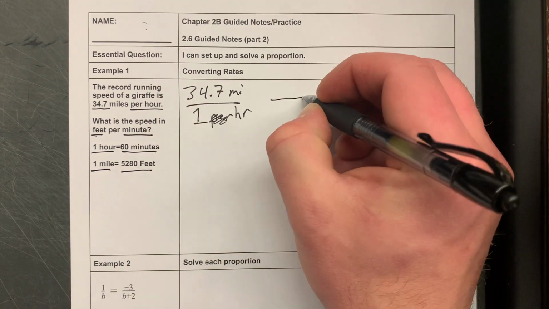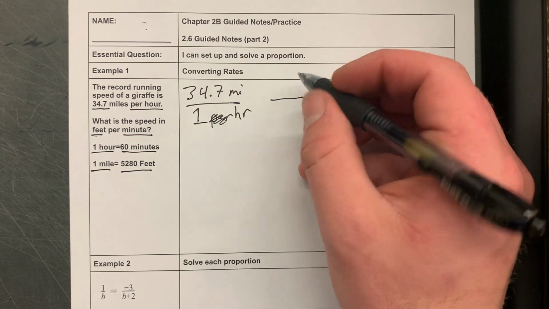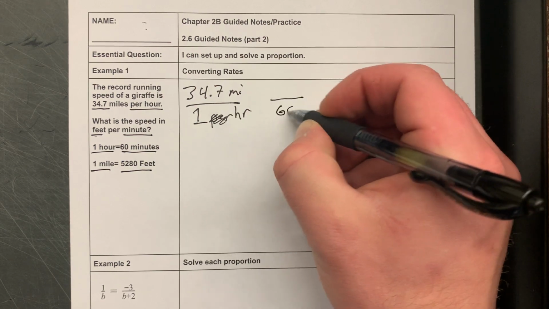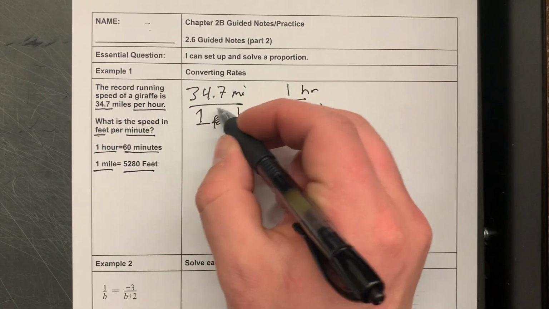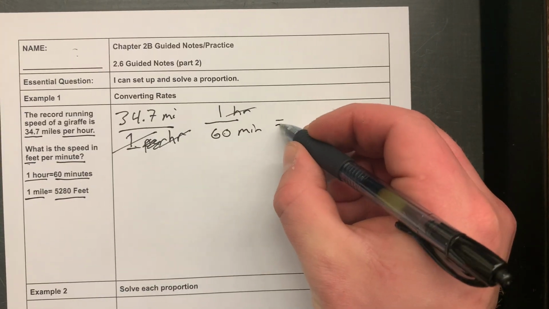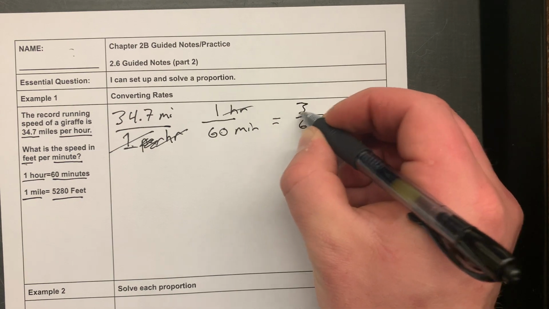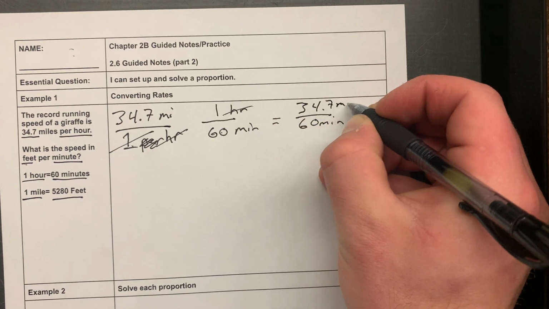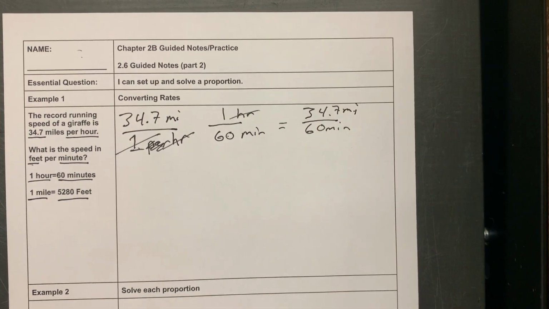So first I'm going to multiply my minutes. So I'm going to need to have 60 over 1 hour. 60 minutes over 1 hour. These cancel, hours cancel out. 1 times 60 gives me 60. So now I have that giraffe ran 34.7 miles per 60 minutes, or still 1 hour.